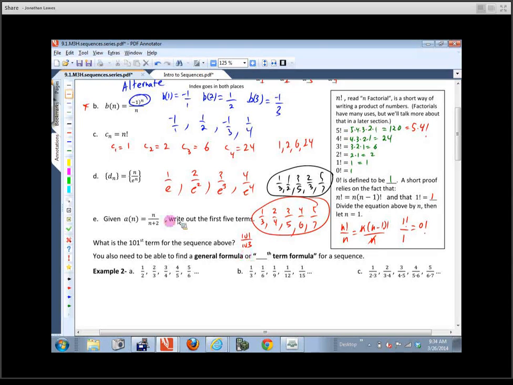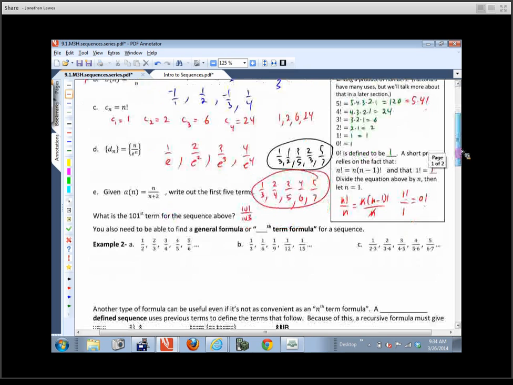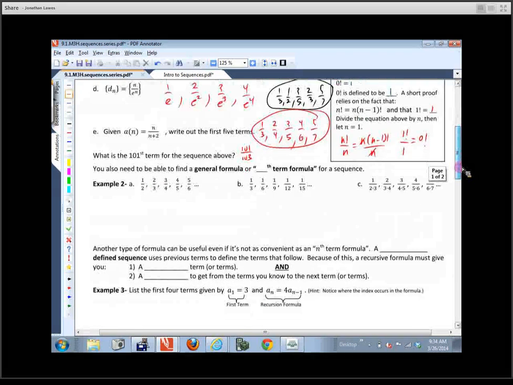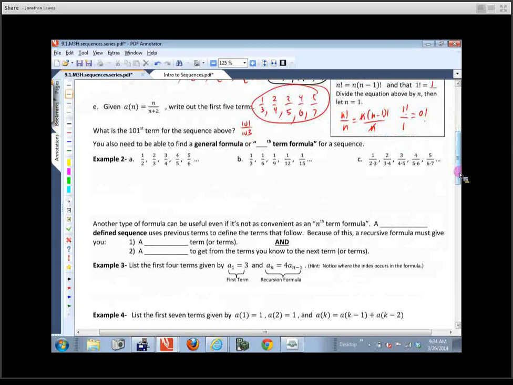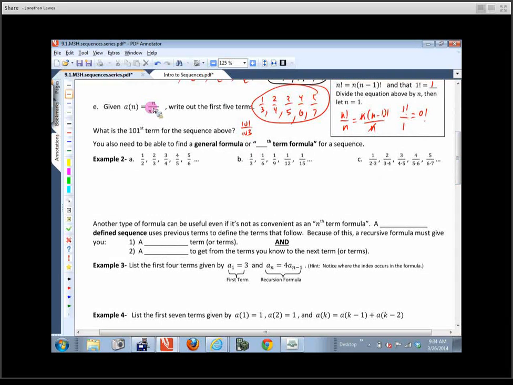The cool thing about a formula like this is you can plug in the term you want. Plug in the index, or the positive integer that's required to make that term, and you've got your number. Okay, you've got the term. Okay, any questions?